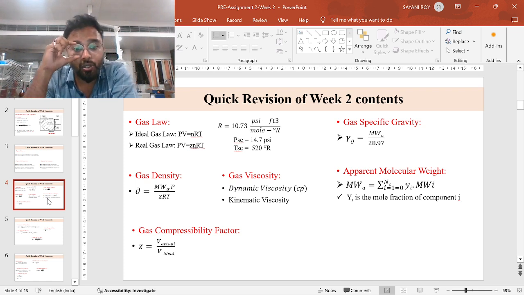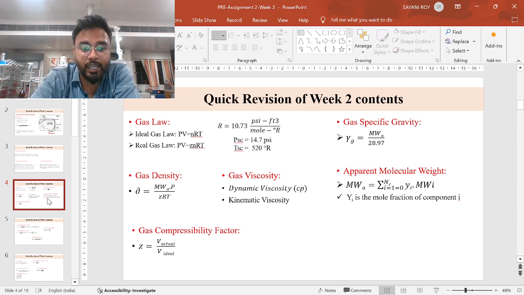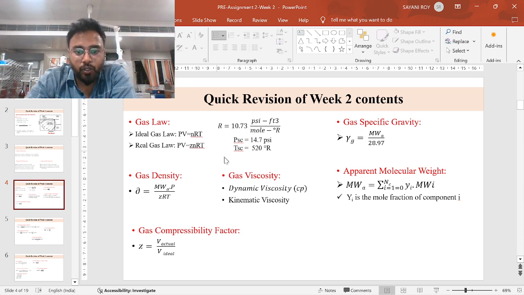For the real gas law, the formula is PV equal to ZnRT. In the case of the real gas law, the R value can be taken as 10.73 psi feet cube divided by mole degree Rankine. The standard pressure is 14.7 psi and the temperature is 520 degree Rankine. This pressure and temperature were used to find the value of the constant R.